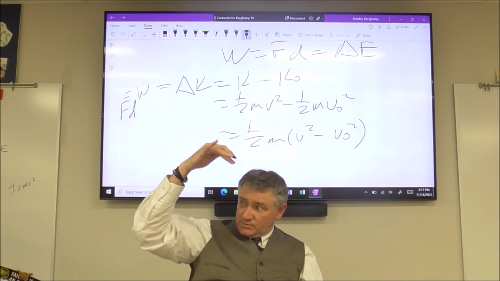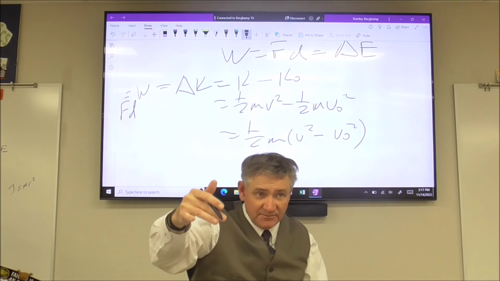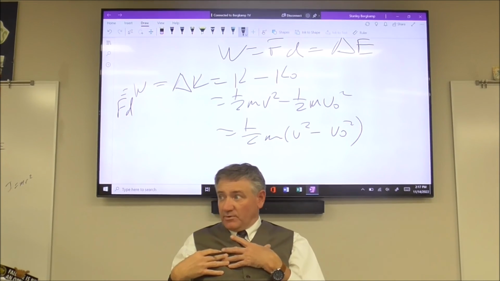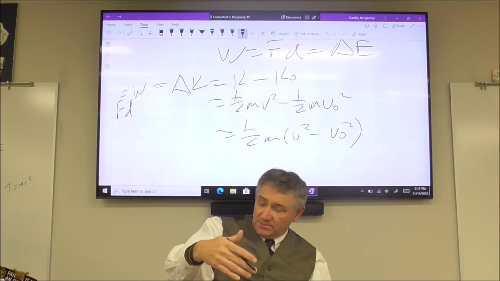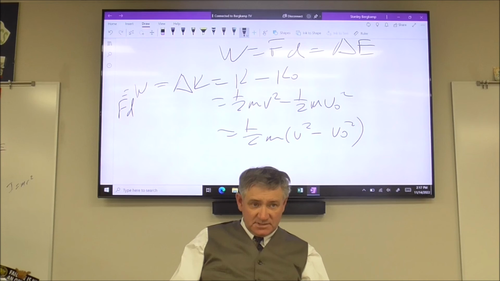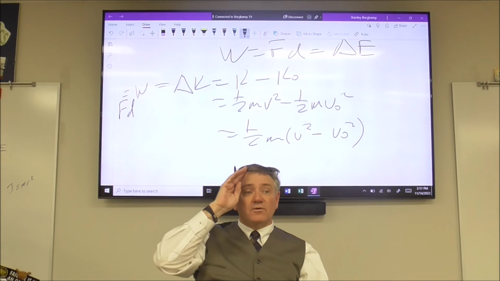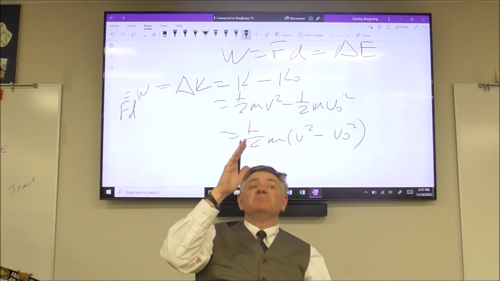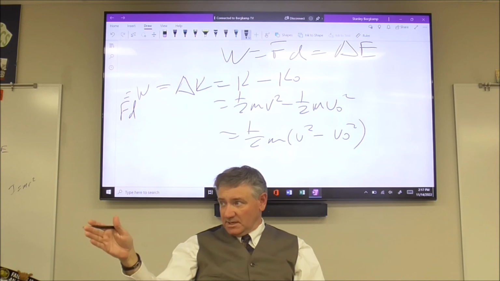Louis took the ball from a positive velocity to 0. So I did positive work because I increased the kinetic energy. Louis did negative work because he decreased the kinetic energy. So kinetic energy itself can't be negative, but the change can be negative.